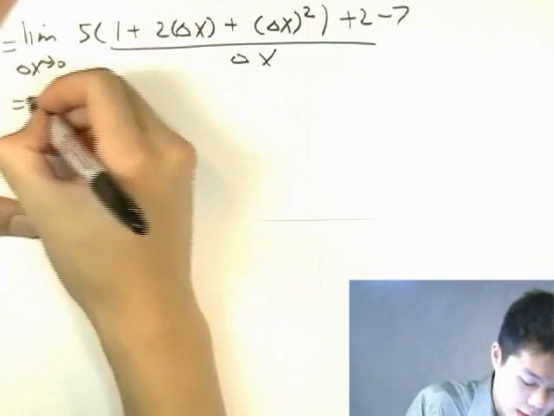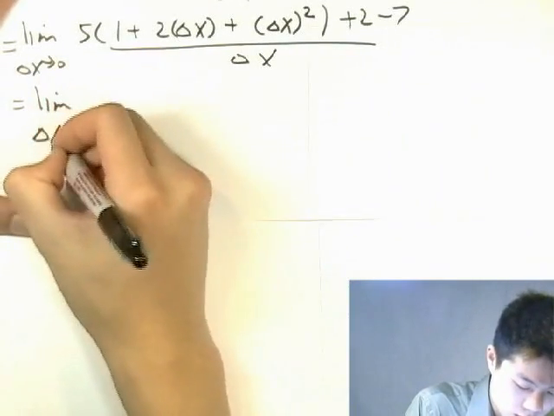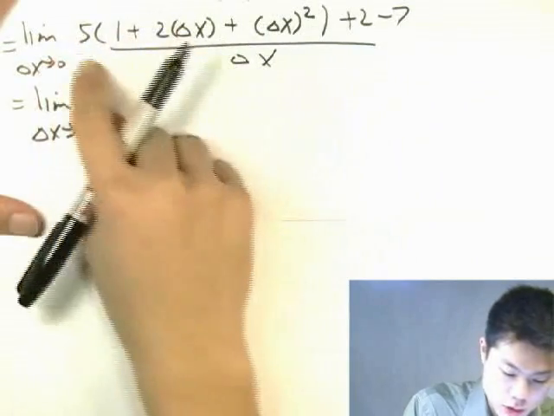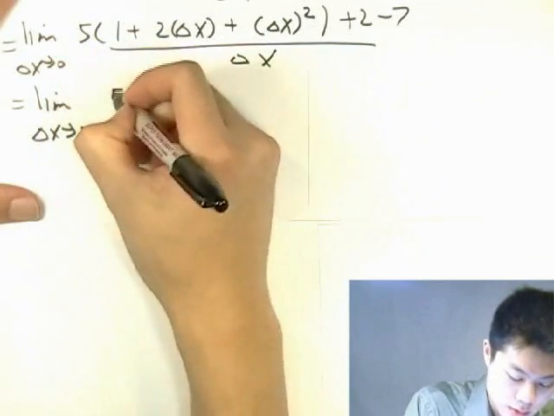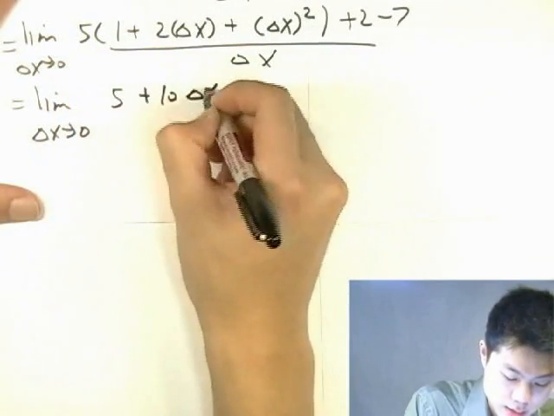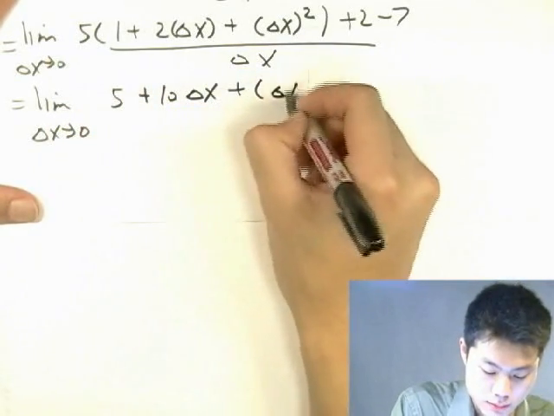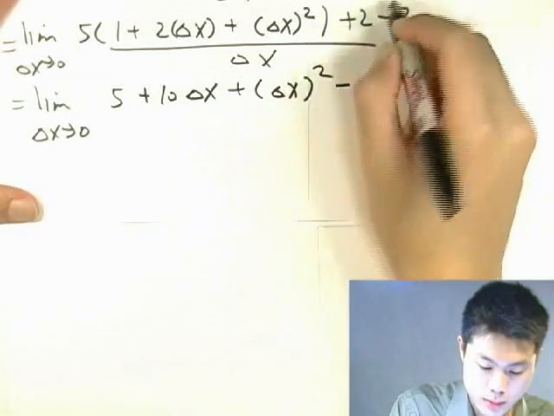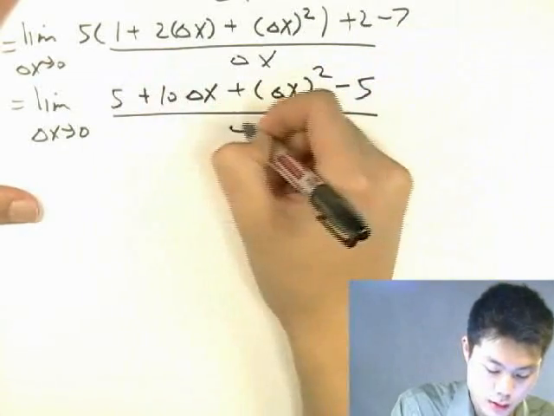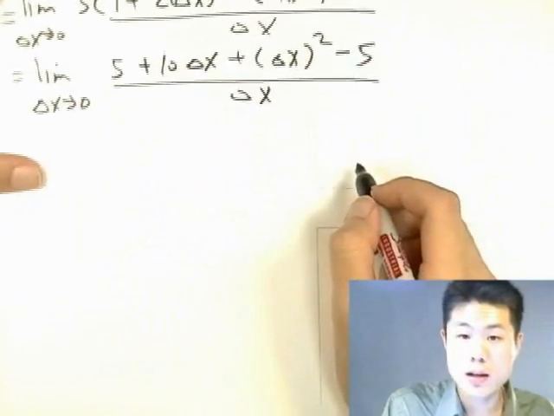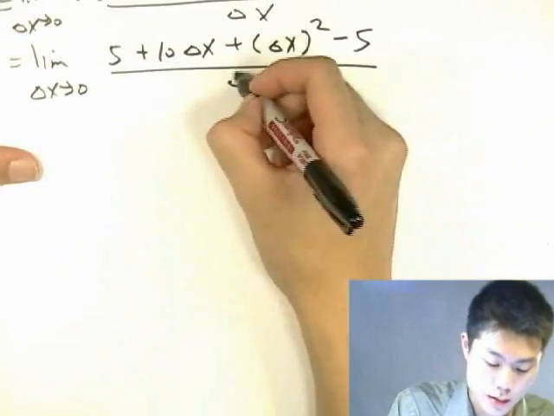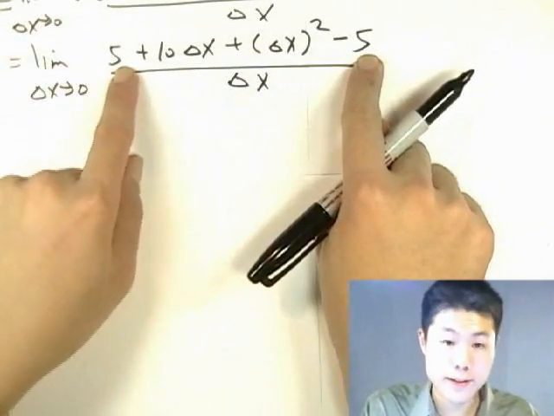I can rewrite that by distributing the 5: 5 plus 10 times delta x plus 5 delta x squared minus 5 all over delta x. You can see that this negative 5 here and this 5 here cancel out.